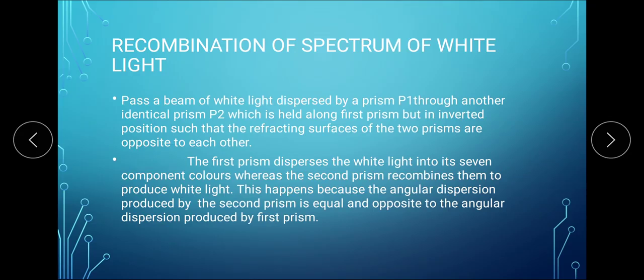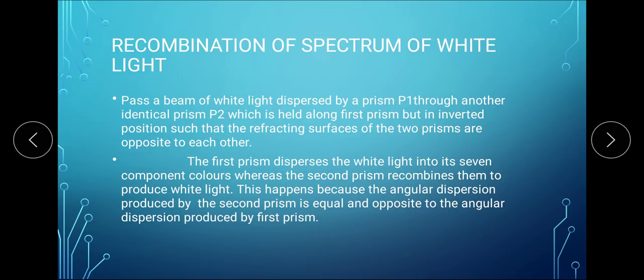Isaac Newton was the scientist who first observed this natural phenomena of dispersion. He also tried to recombine the spectrum of white light. Let's see how he recombined the spectrum of white light.